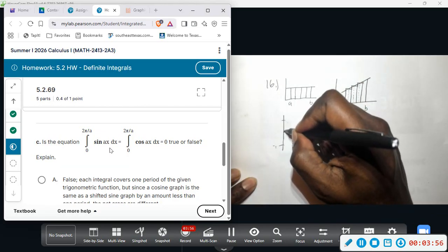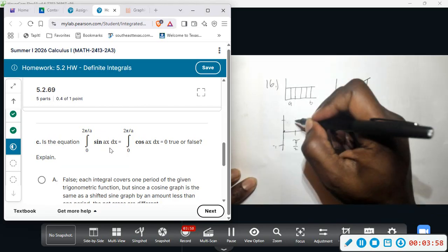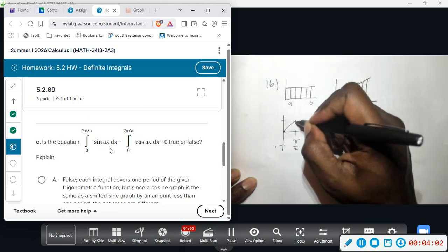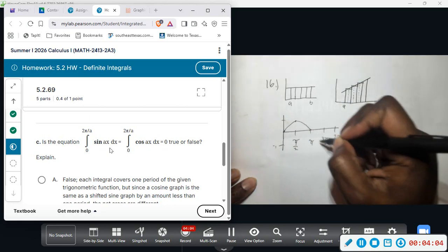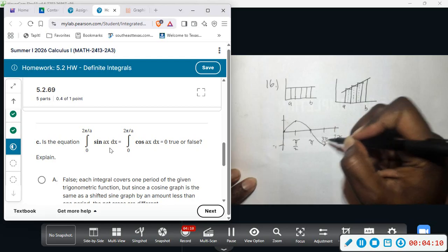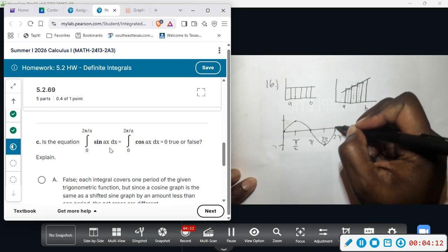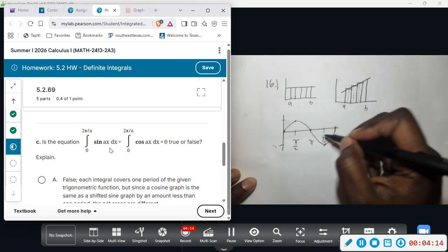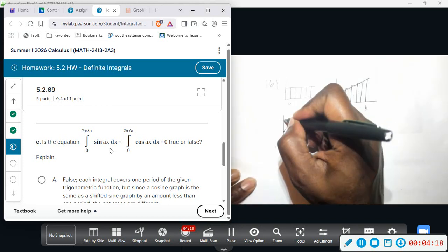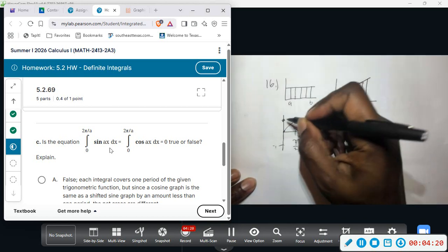Sine starts at the origin and it goes up, comes down, goes down below to negative 1. That might not be in the right spot, but then it comes back up. So we get a part above, a part below, it evens out. With cosine, it starts up at a height of 1, but it does the same thing.